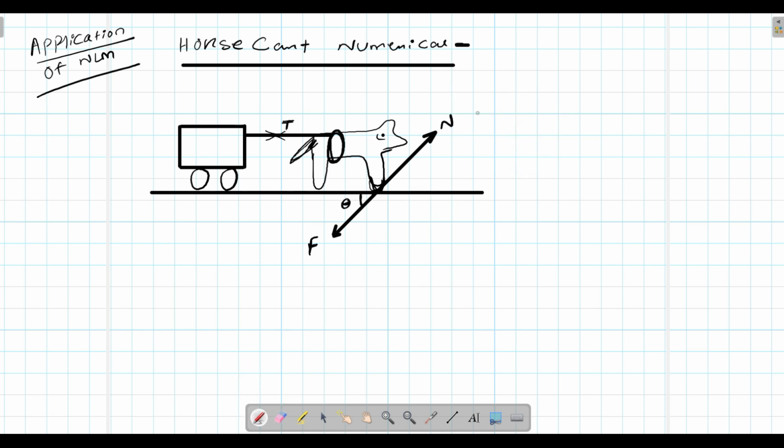This angle is also theta. So this is N, this is theta, this is N cos theta, this is N sin theta.